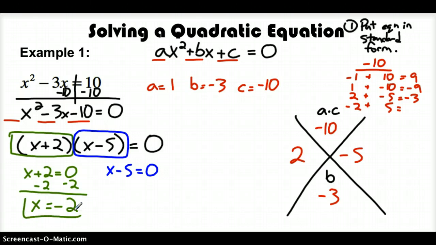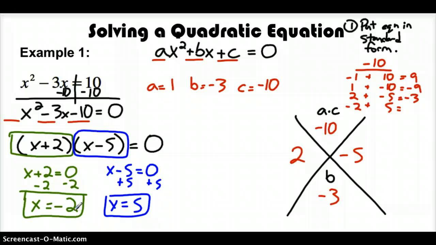Okay? And that's going to be one of my answers. Okay? Now for the other part, I have x minus 5 equals 0, so I'll add 5 to each side, and I'll get x equals 5, right? Now we have to understand, if you plug in negative 2 for x, your product will be 0, right?